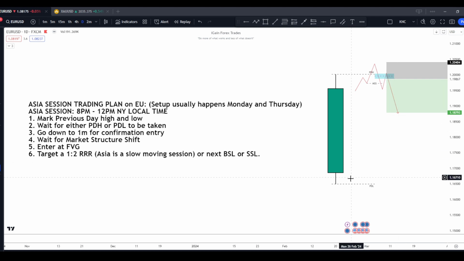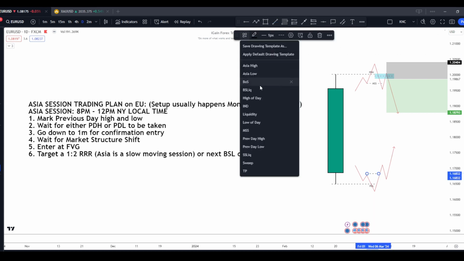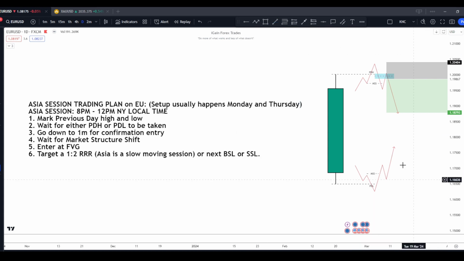So the same thing happens if previous day low has been taken out. For example, previous day low swept, wait for market structure shift, enter at this FVG and target a 1:2. For example, here, this is the market structure shift, and then we have our FVG.